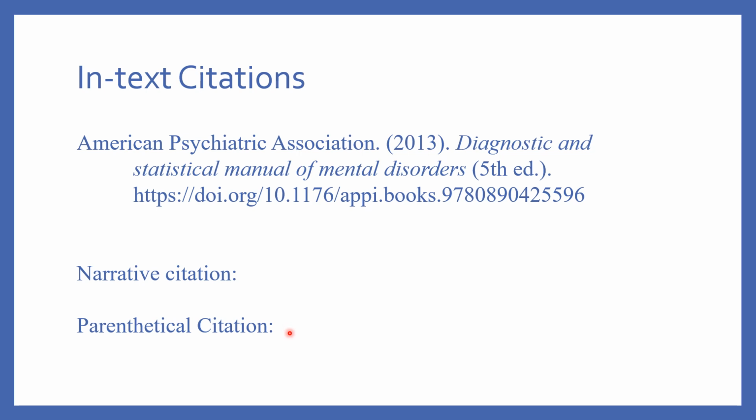The parenthetical citation for this would be open parenthesis, American Psychiatric Association, bracket, APA, close bracket, comma, 2013, close parenthesis. And that would suffice for the in-text citation for the narrative citation and the parenthetical citation for those.